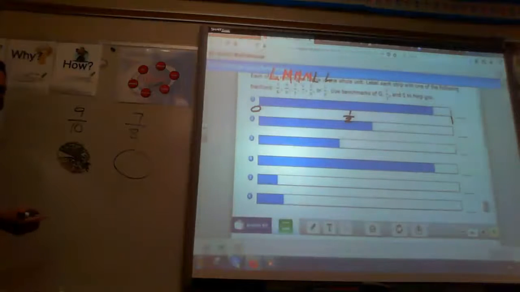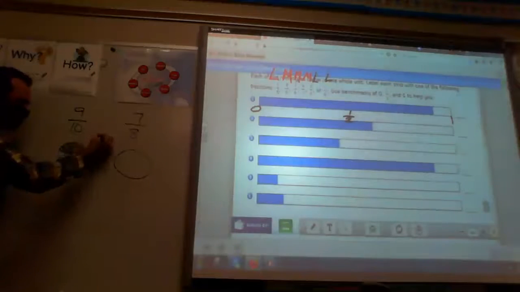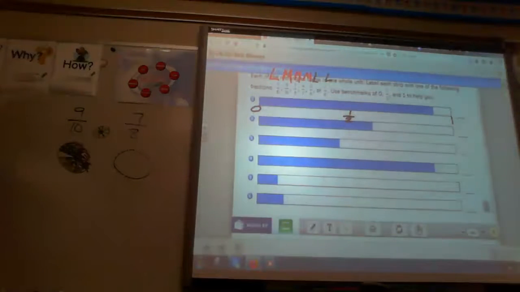For eighths, I'm maybe going a little fast, so I'll wait a sec. I would do this in my math notebook or on a piece of scratch paper. Here's how you make eighths.